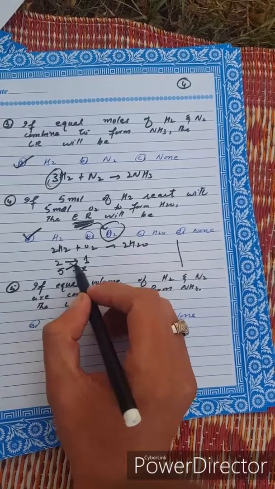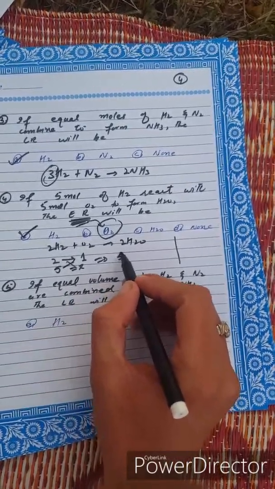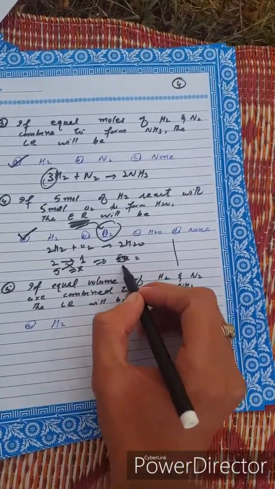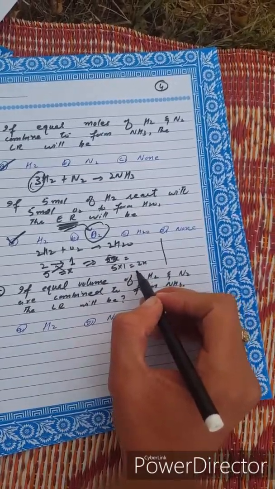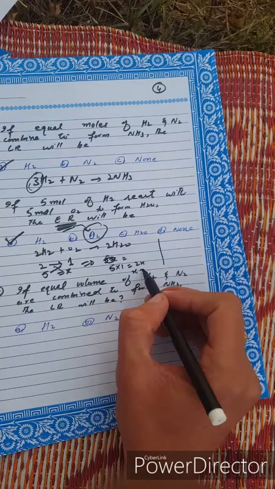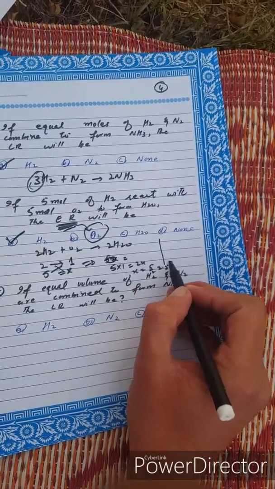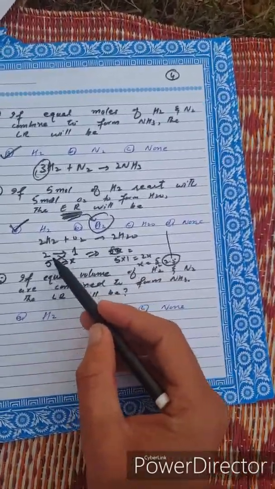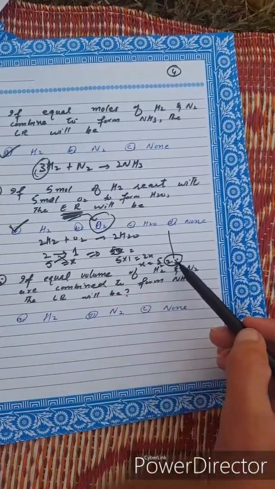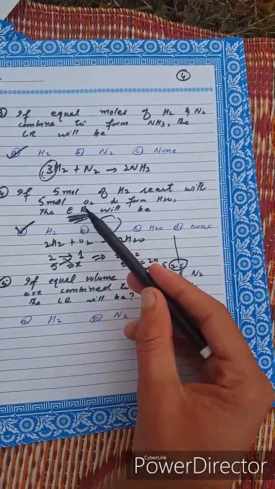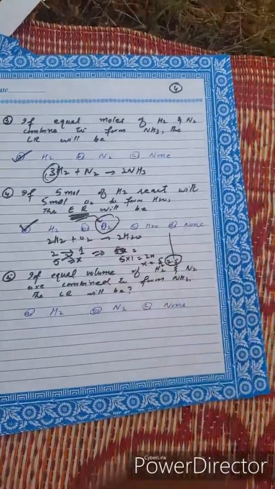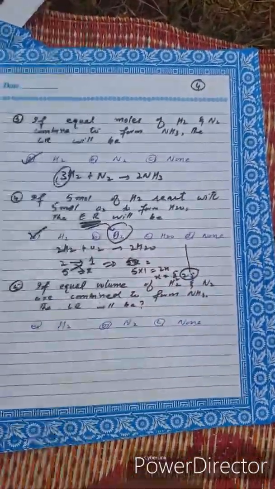By cross multiplication we can do it here: 5 cross 1 is equal to 2x, so x is equal to 5 divided by 2, which is equal to 2.5. For 5 moles of hydrogen, 2.5 moles of oxygen are required. But we have 5 moles of oxygen, so it is the excess reagent. That's it. It is very easy.